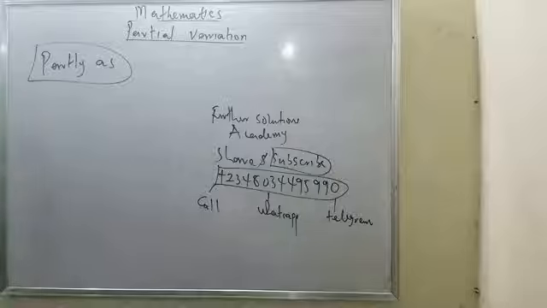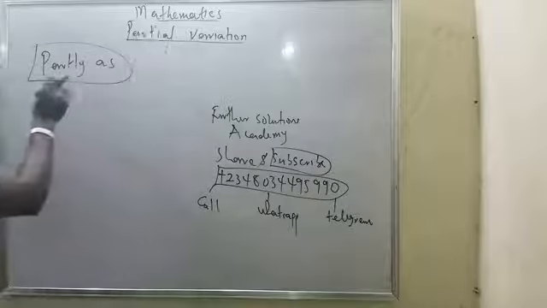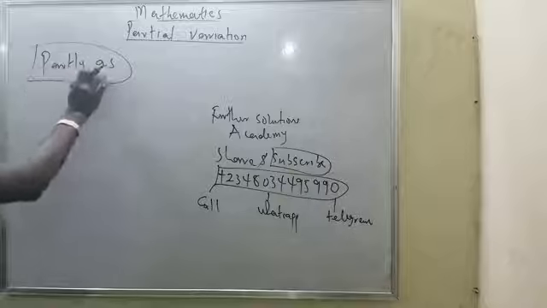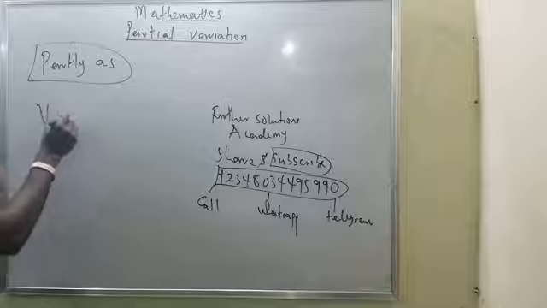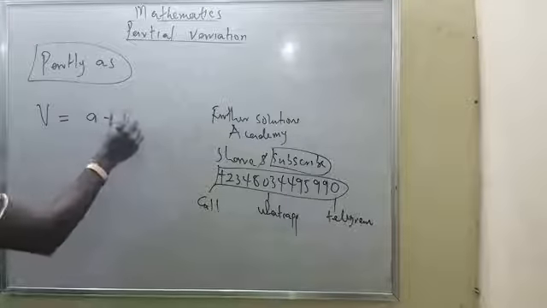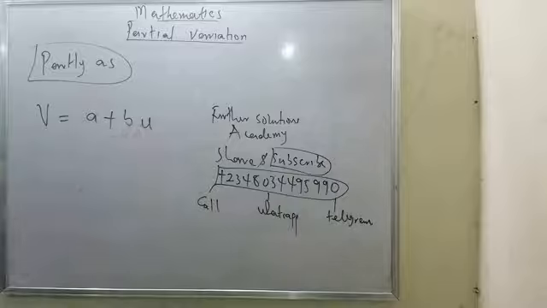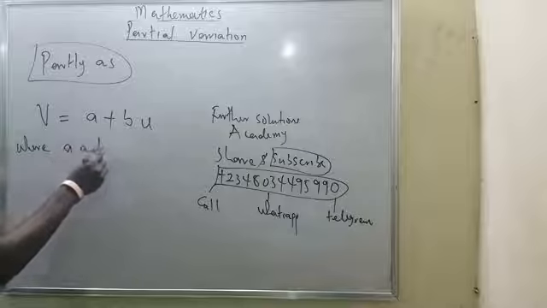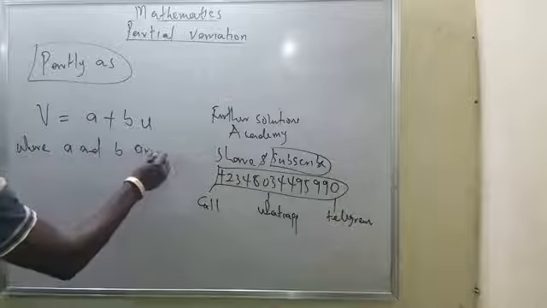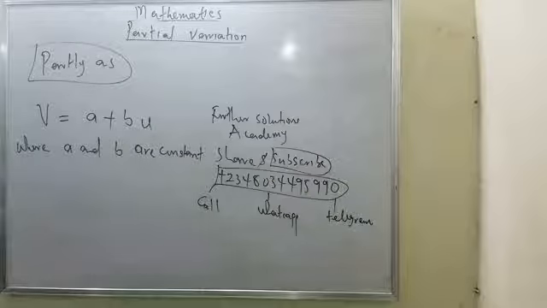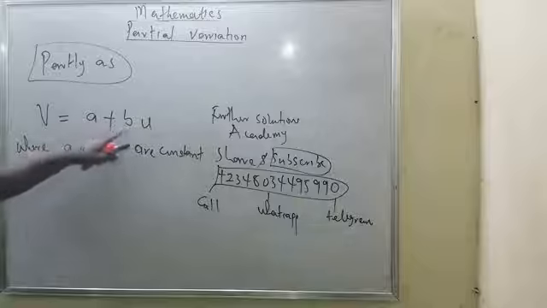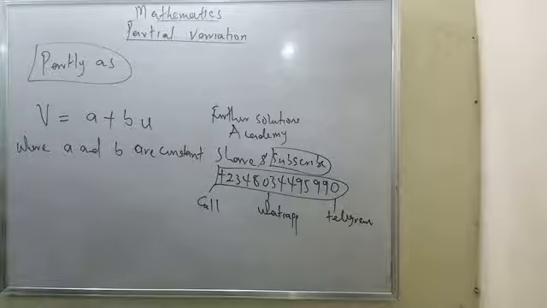But this time, when you hear partial variation, you'll see the word partly, and note it is always like this: V equals A plus BU, where A and B are constants. This is very important. This is how it always looks anywhere you see partial variation.